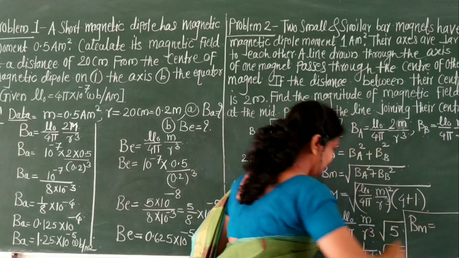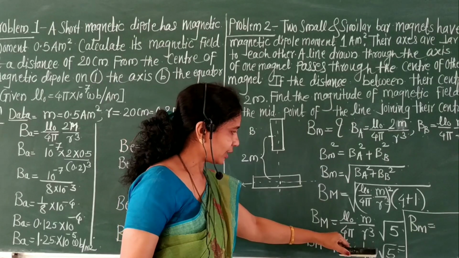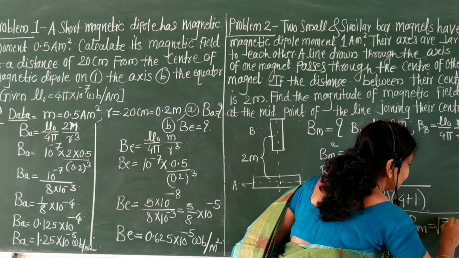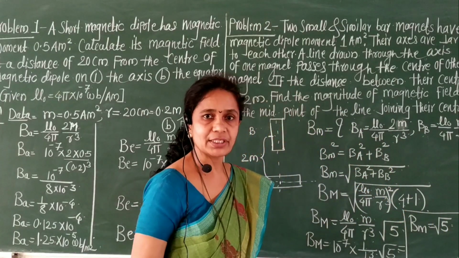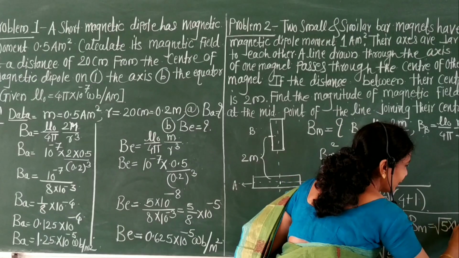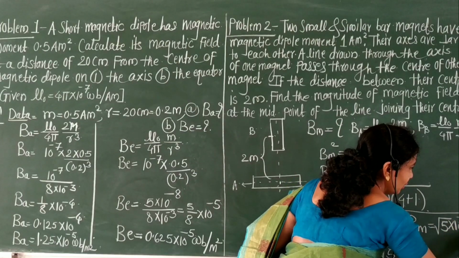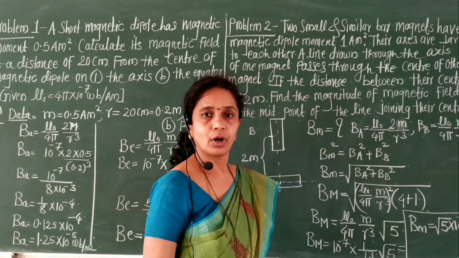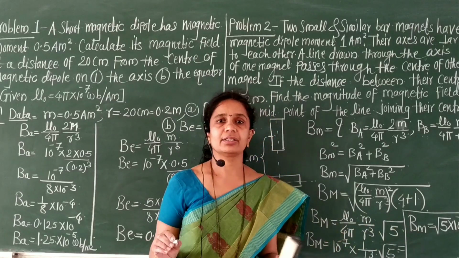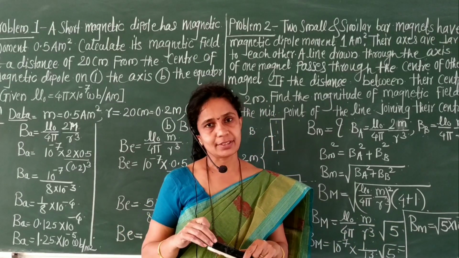BM is equal to, see this, this is 1 upon 1, 1. This is 10 raised to minus 7 into root 5. Therefore BM is equal to root 5 into 10 raised to minus 7 Weber per meter square, or second unit of magnetic induction is Tesla. Let us stop here.